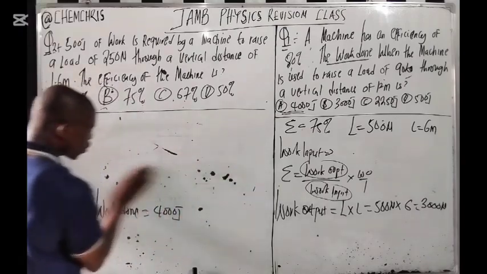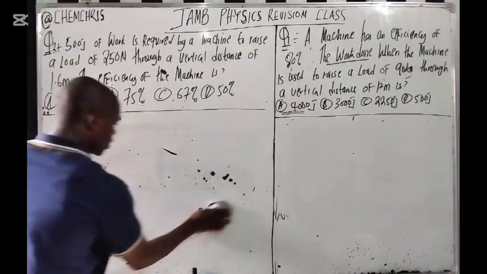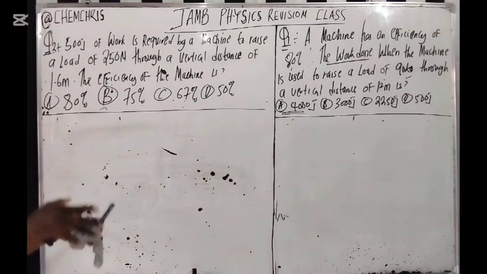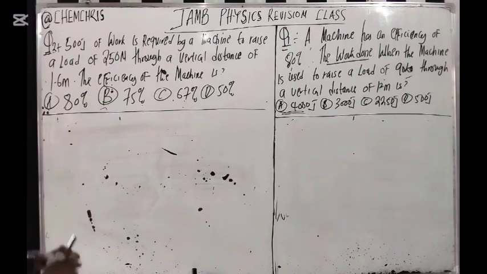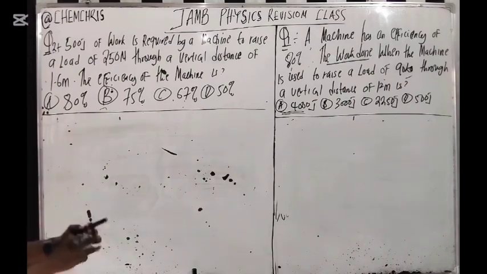So let's solve the second question here. Very important. Please pay close attention. The second question: 500 joules of work is required by a machine to raise a load of 250 Newton through a vertical distance of 1.6 meters. What is the efficiency of the machine?